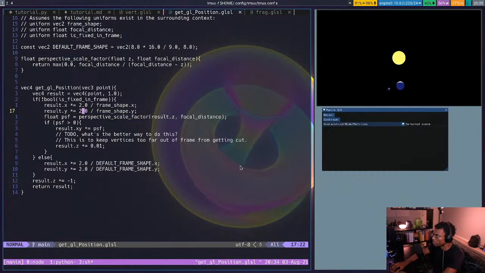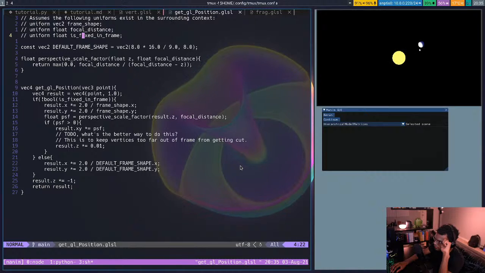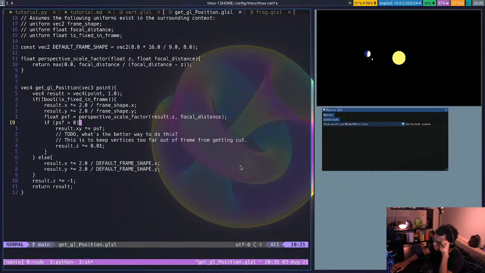So this is a by-hand projection matrix. Yeah, it takes the frame shape, the focal distance is fixed in frame, which is a concept that you can use with hierarchical model matrices. And it literally does the projection matrix calculations. What is PSF? Oh, perspective scale factor.